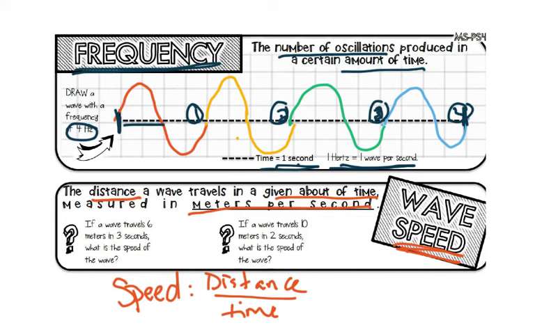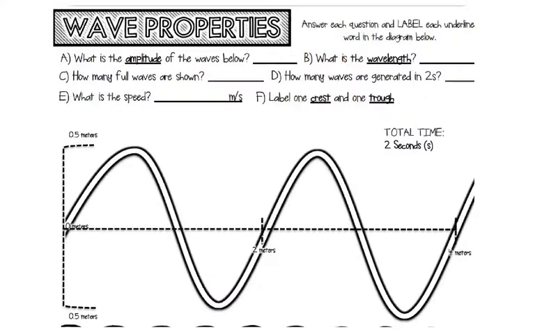So if a wave travels 6 meters in 3 seconds, the speed is 2 meters per second. If a wave travels 10 meters in 2 seconds, the speed is 5 meters per second. So wave speed is just saying how far did the wave go in a given amount of time.